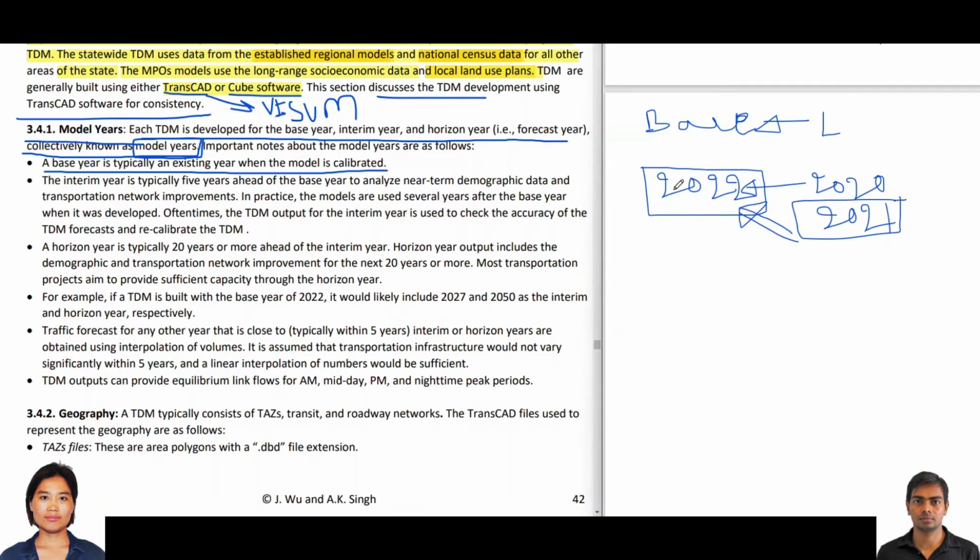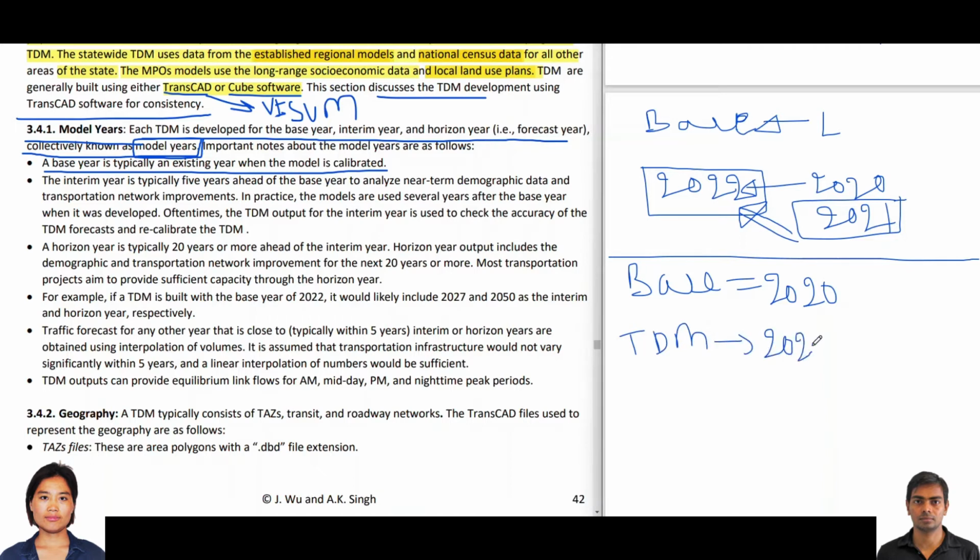While we are working on the travel demand model development, a few years pass. Let's say our base year is 2020, and let's assume that COVID impact is not there in 2020. Then most likely by the time we are done with calibrating, validating and everything, and when the travel demand model is released, it might be 2022. So it takes a long time to actually build these models.